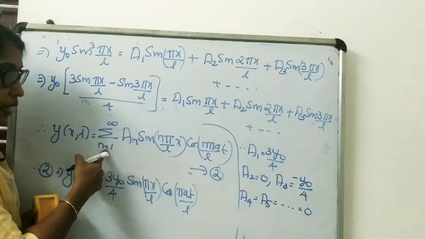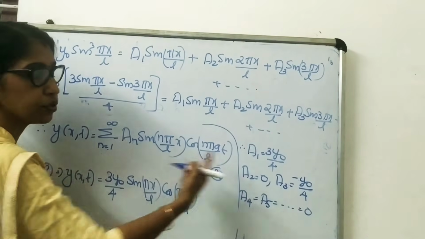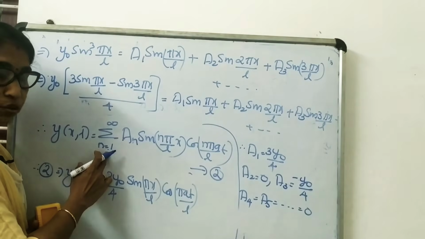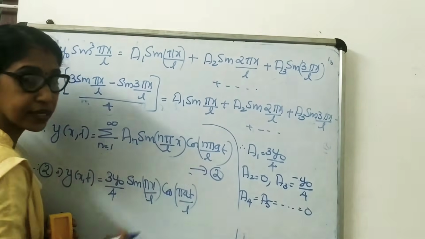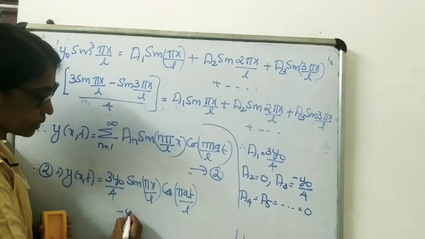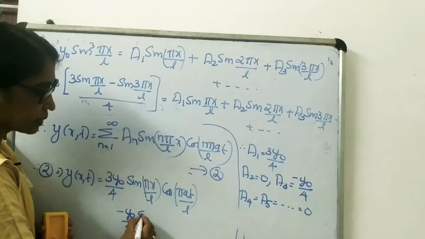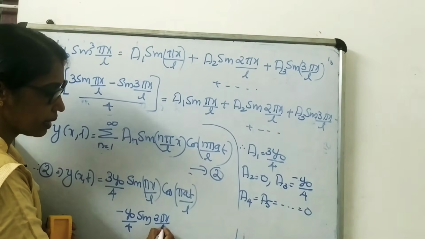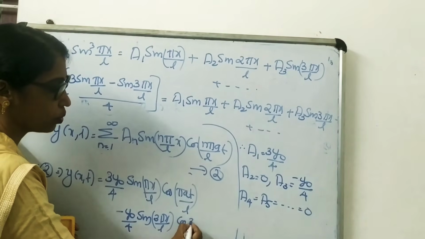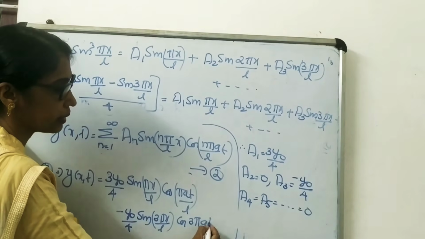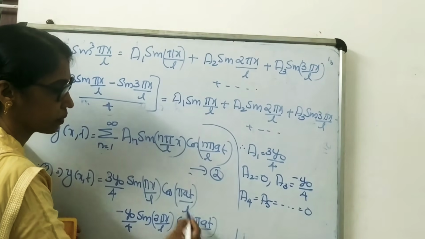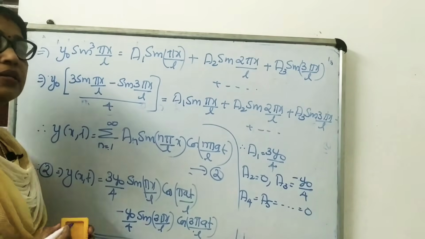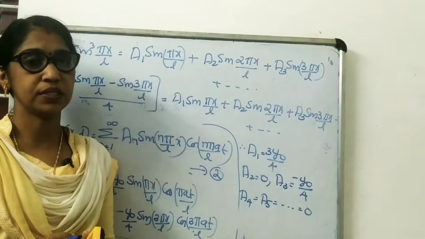Next term, n equal to 2, a2 is equal to 0, so there is no second term. Now the third term, n equal to 3, a3 is minus y0 by 4, so minus y0 by 4 into sin(3 pi x / L) cos(3 pi a t / L). All the other terms are 0. So this is the final solution of the given question.